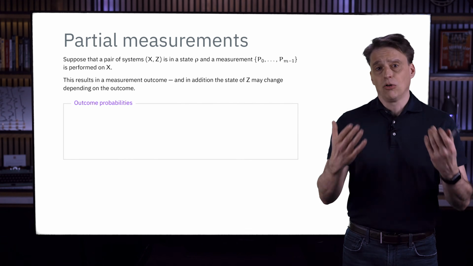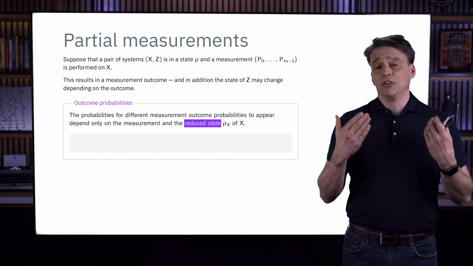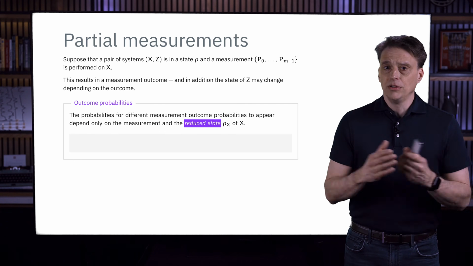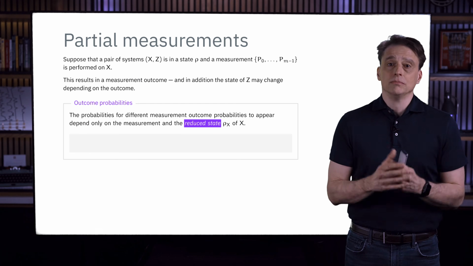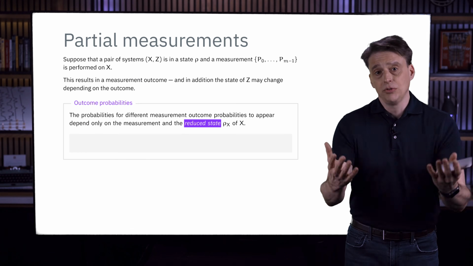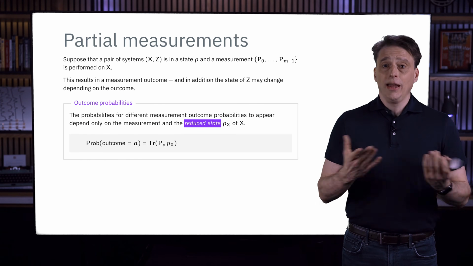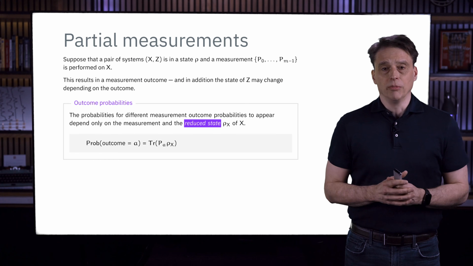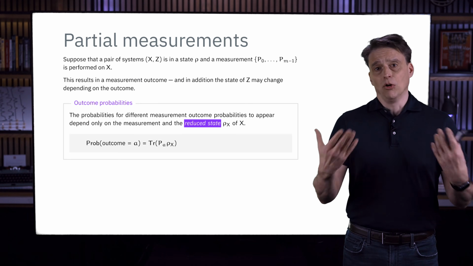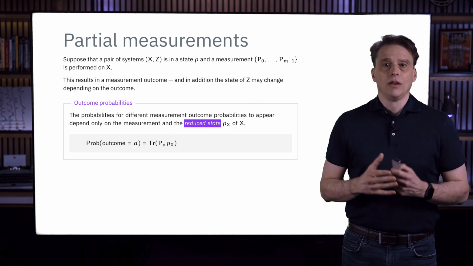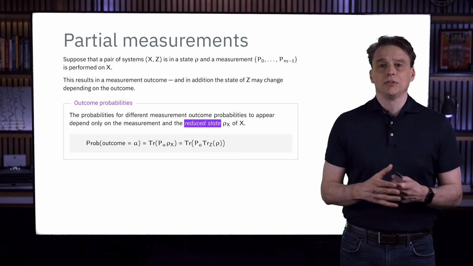First, let's talk about the outcome probabilities. Because we're talking about a measurement of the system X alone, the probabilities for different outcomes to appear can only depend on the state of X in isolation, which is to say that they can only depend on the reduced state of X. In particular, the probability for a given outcome A to appear is given by the same formula from before, which is the trace of PA times the reduced state of X, which we denote by rho sub X. The state rho sub X is obtained from rho by tracing out Z, so we can make that substitution.